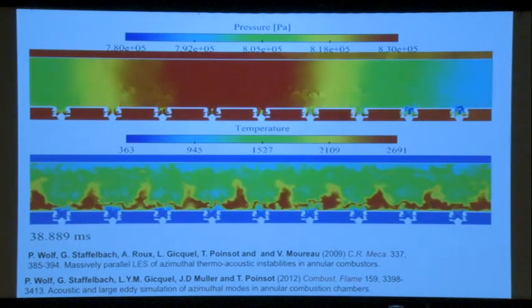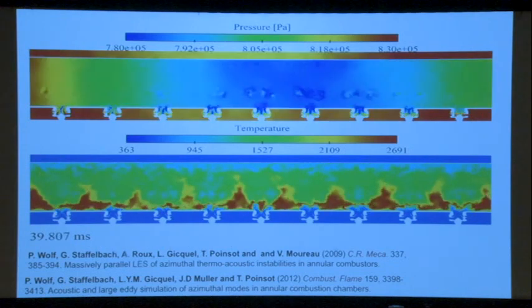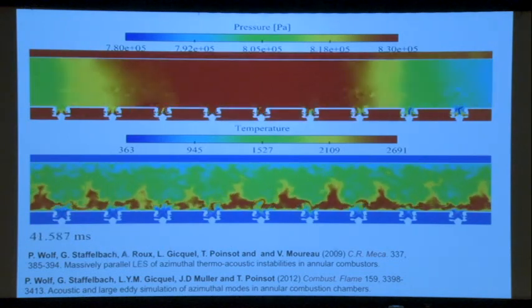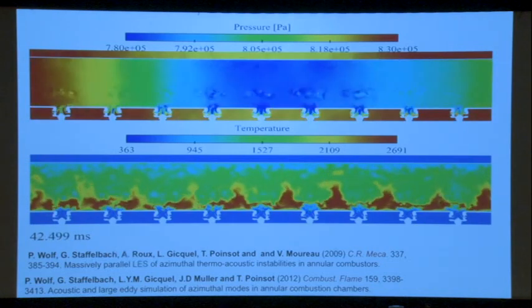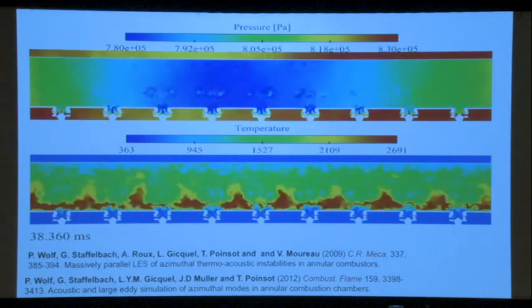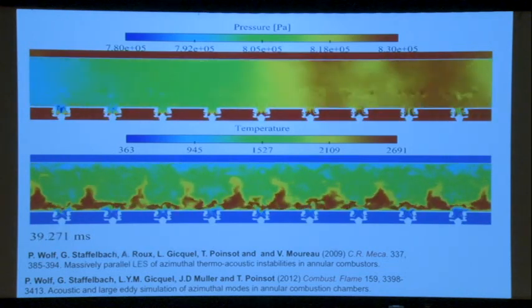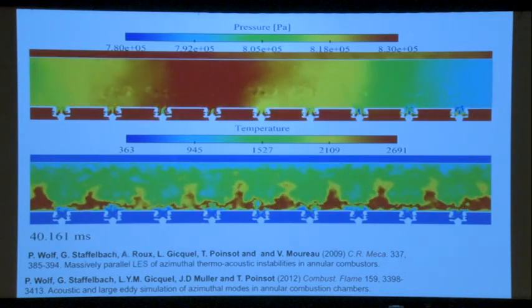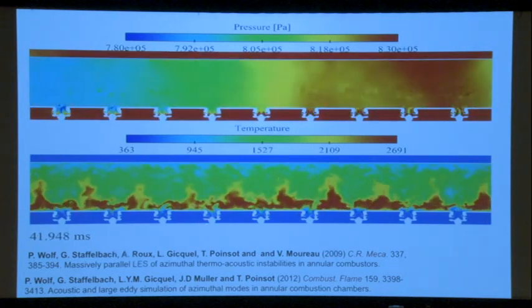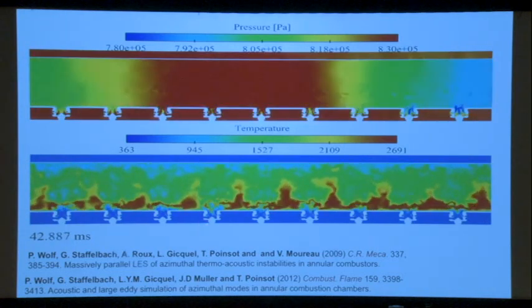So this is seen here. They developed this cylinder, and you can see up there it's the pressure, and down here are the flames dancing to this pressure field. You see that the injectors at certain points deliver a little more reactance.